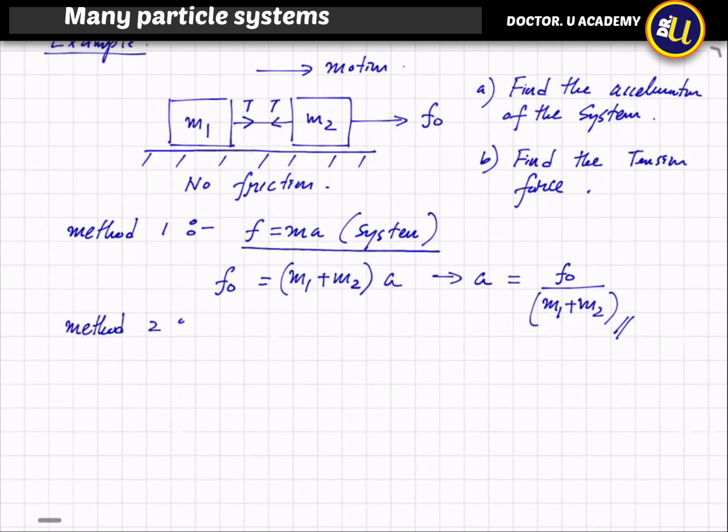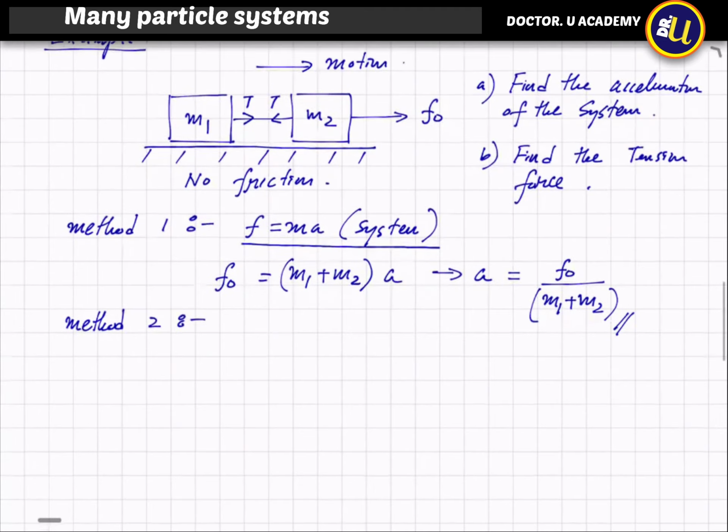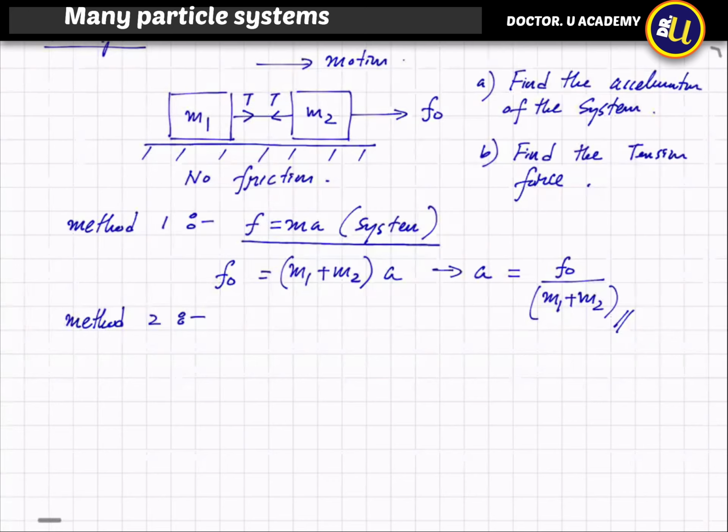In method 2, I'm going to break the system. That means I'm going to consider the free body diagram. On M1 you have the T force. On M2 you have the F0 force as well as T in the other direction.